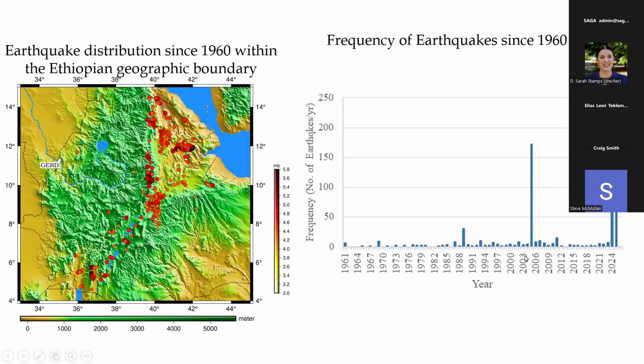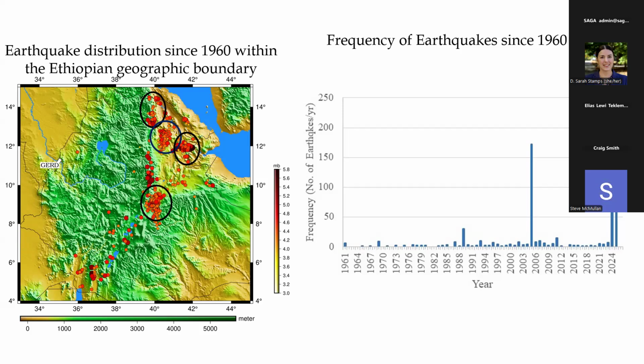One is around 2005, and the other is between 2023 and 24. If we see the geographic distribution, the 2005 event is around the Dabbahu area, and the 2024 and 25 events are mostly around the Fentale Dofen area. The others are around the Asebe area, and this is around the famous volcanic lake around the Erta Ale area.